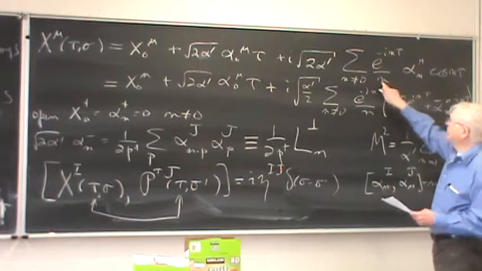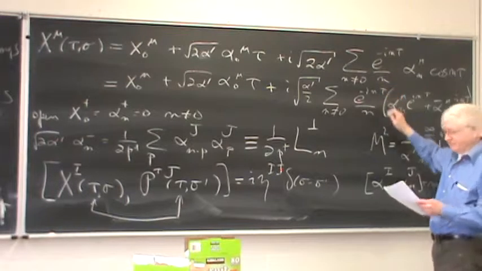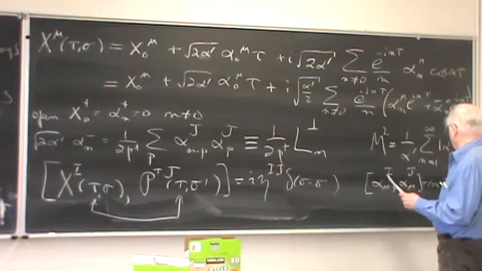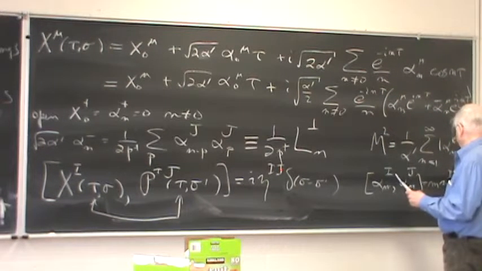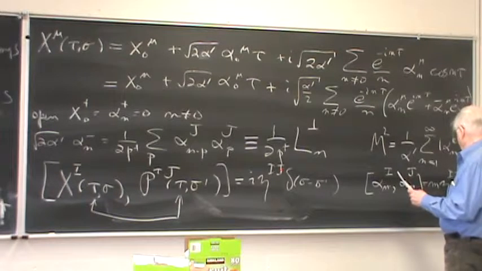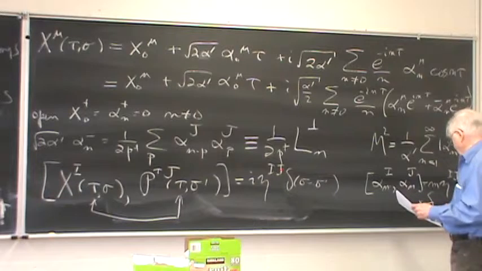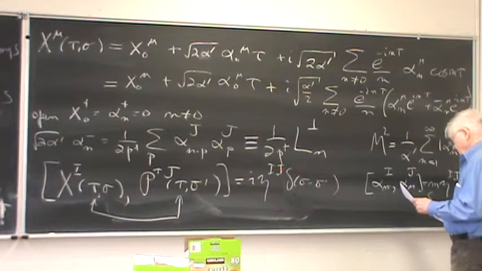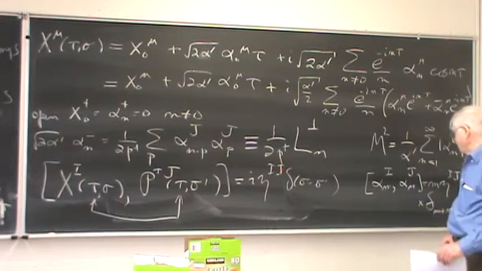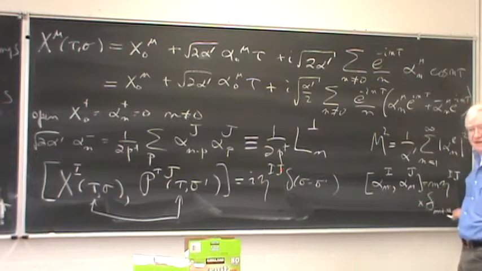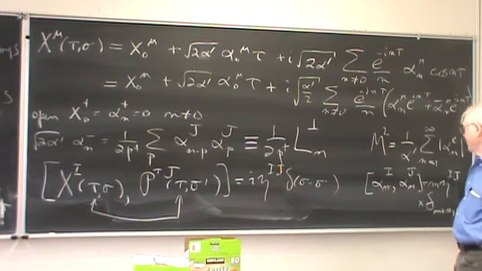The m there is probably because of this 1 over n. Eta ij, and then times delta sub m plus n, comma, 0. So if m is minus n, then you have something non-zero.